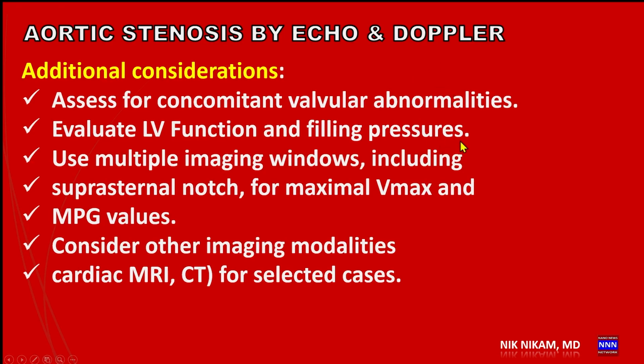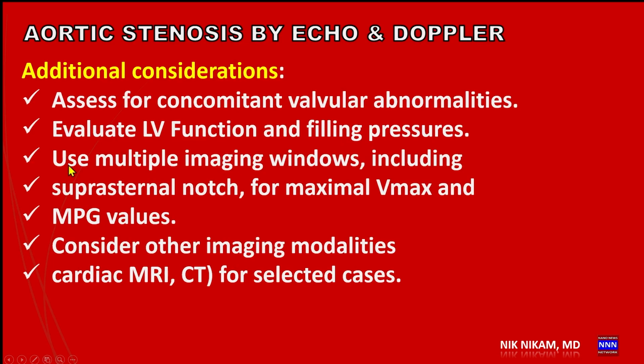Let us not forget the elevated left atrial pressure, which is characterized by left atrial enlargement, tricuspid regurgitation of 2.8 meters per second or greater, or E to E prime of greater than 15, and reversal of the pulmonary systolic diastolic waveforms. All these things play an important role in assessing the degree of aortic stenosis.